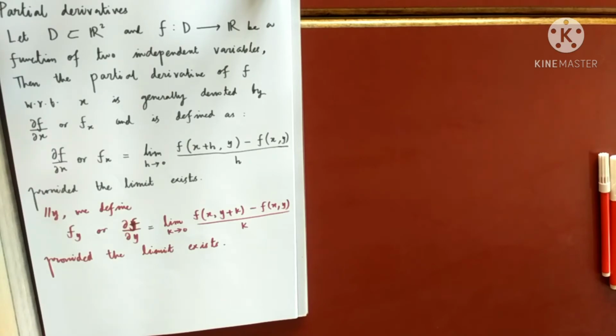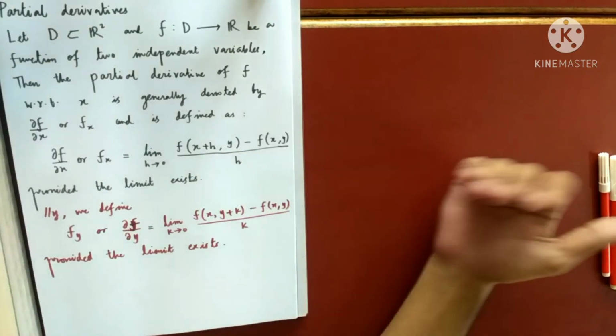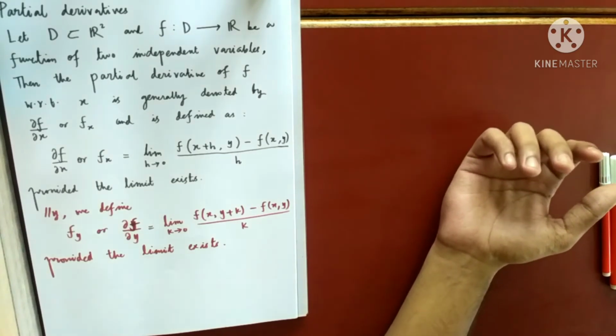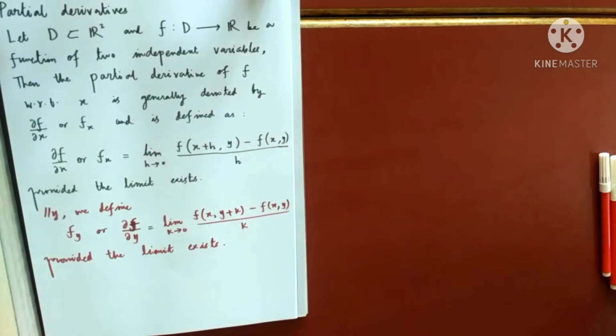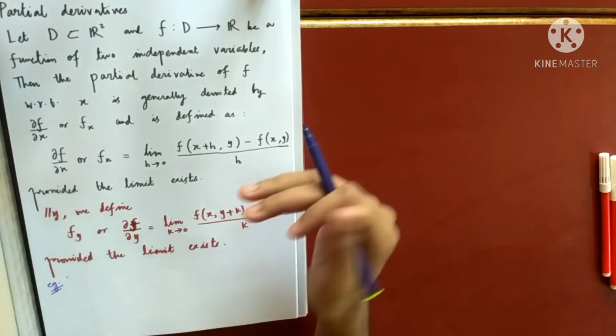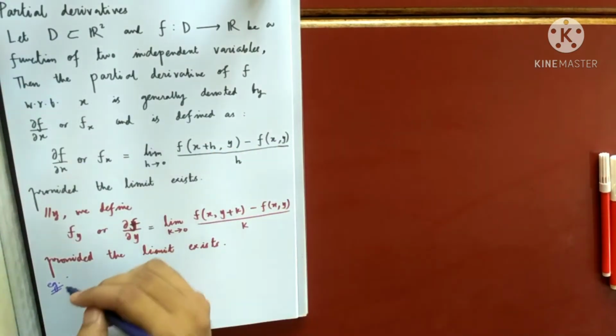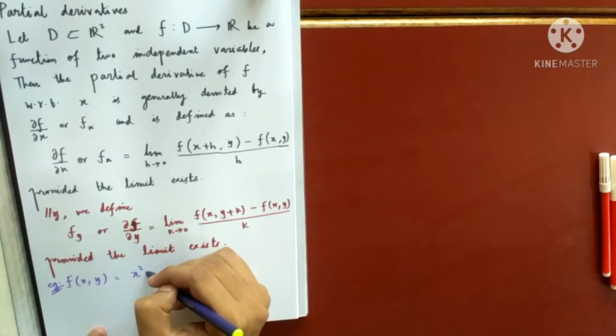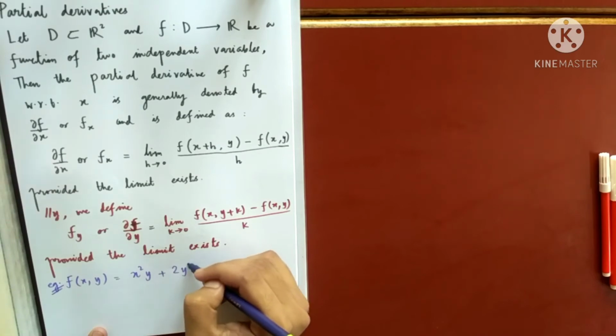In simple words, keeping y fixed, you are differentiating with respect to x, and that is known as a partial derivative. So this is the limit definition, which will be required in most of the cases. But when we do other questions, we can differentiate like this. For example, suppose I have this function f of x comma y equals x square y plus 2y square.